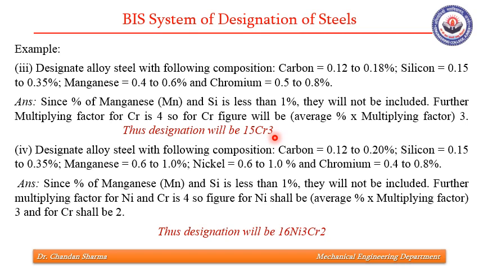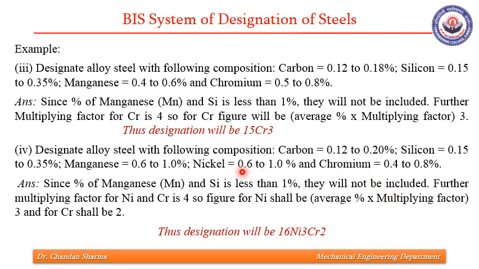Let us take one more example. Alloy steel with the following composition: carbon is 0.1 to 0.2%, silicon 0.15 to 0.35, manganese 0.6 to 1%, nickel 0.6 to 1%, and chromium 0.4 to 0.8%. Again, the percentage of manganese and silicon is less than 1%, so they will not be included. The average carbon is 0.16, 0.16 into 100 is 16.